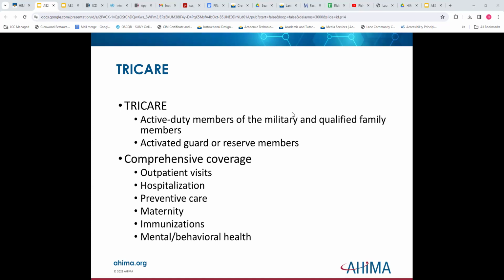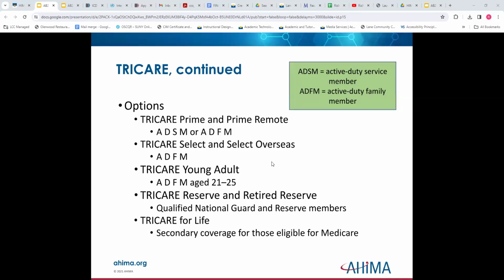And this gives some sort of comprehensive coverage and includes things in nearly any type of healthcare delivery, including outpatient visits, hospitalizations, preventative care, and others. And again, there are different variations on TRICARE, as you can see here: Prime Remote, Young Adult, Reserve, Retired, and these may have different coverage levels.